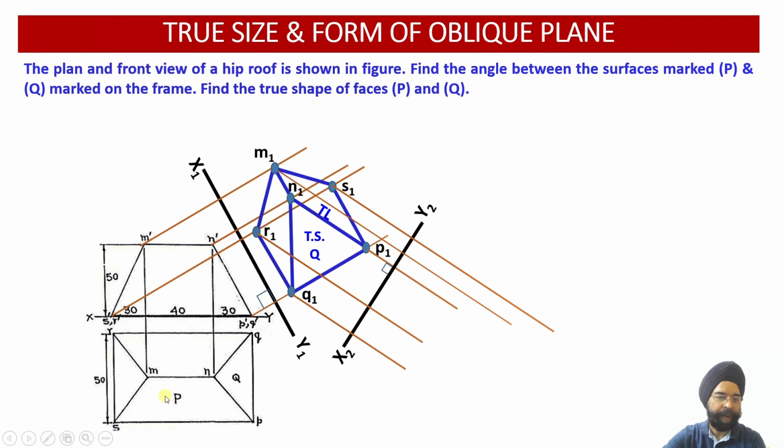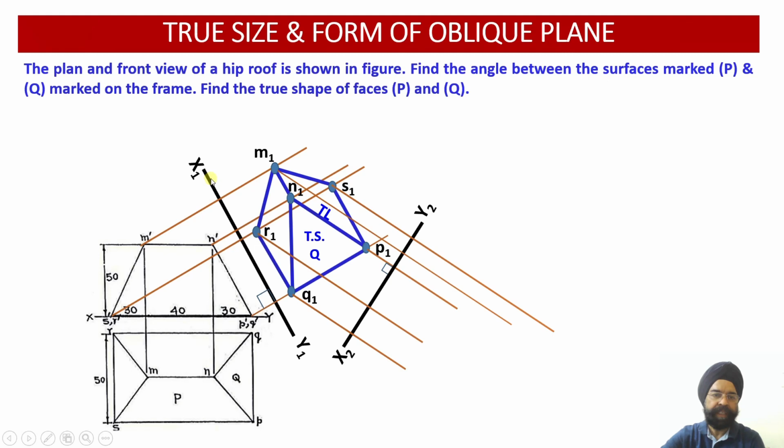Now you see, this was plan, this is elevation, this is plan, this view will be elevation. So if this is elevation, this was AIP, so this is AVP now. So this is AVP, the auxiliary elevation I have to draw. Now in order to draw the auxiliary elevation, the distances of the elevation from the intermediate auxiliary plane need to be evaluated.